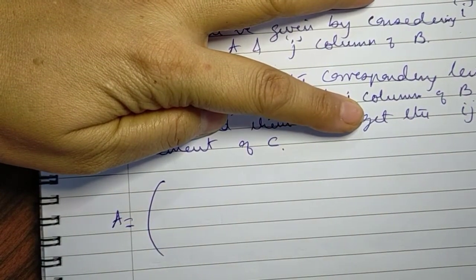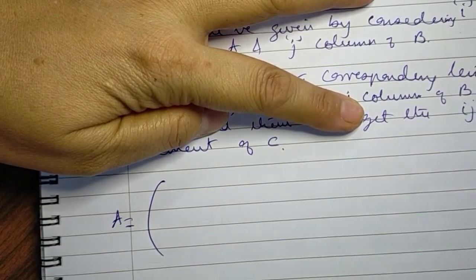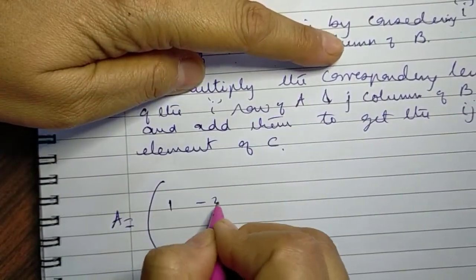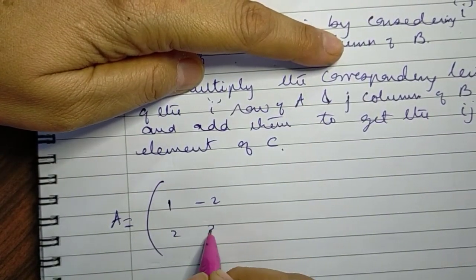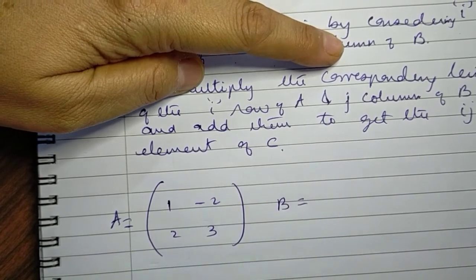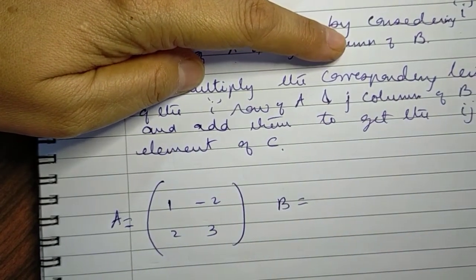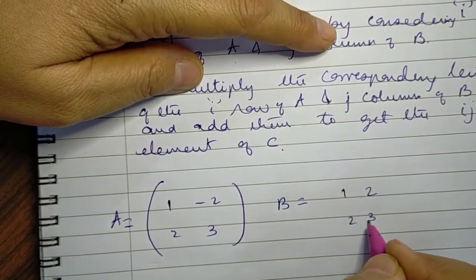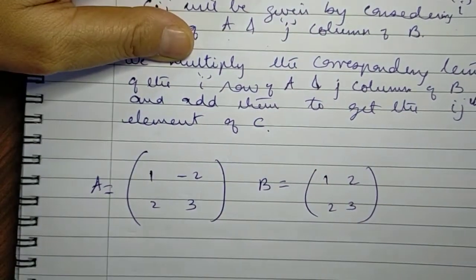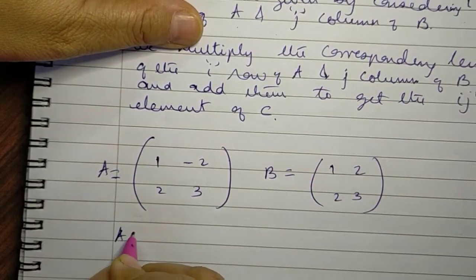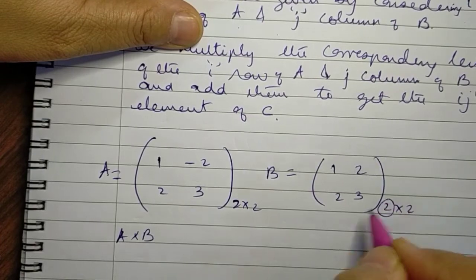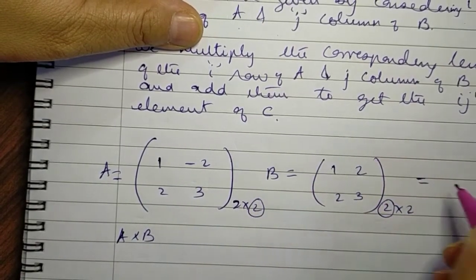I can take any 2 by 2 matrix as 1, minus 2, 2, 3, and B is equal to 1, 2, 2, 3. If I have to find A into B, clearly this is 2 by 2 and this is 2 by 2. They are conformable for multiplication.